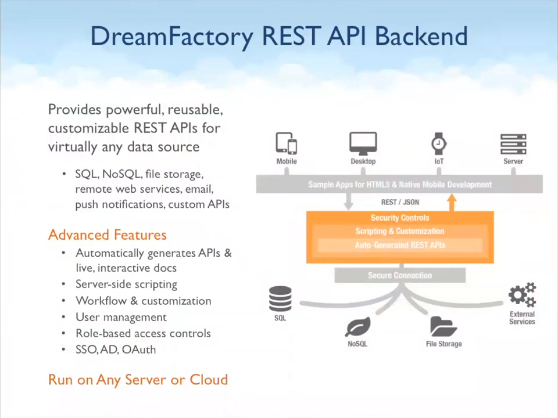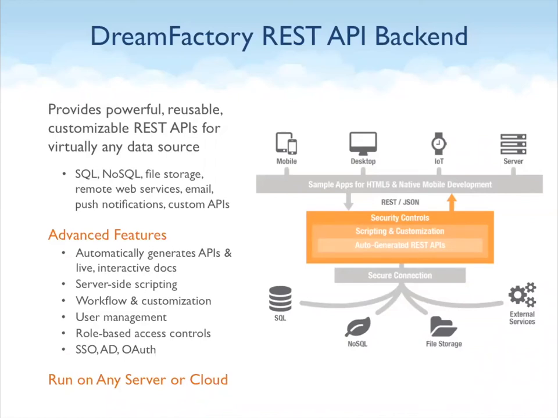So this is what Dream Factory does. And now I'm really going to dive into our open source product. You can see from the diagram at the right, Dream Factory is a runtime platform, so it's like a LAMP stack or a web server. It's a piece of middleware that connects any device to any data source. Now, the data sources we specialize in, especially legacy SQL. We also support NoSQL, file storage, and any external service or custom service can be onboarded onto the platform.